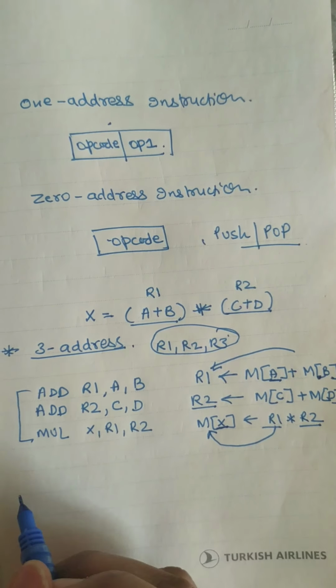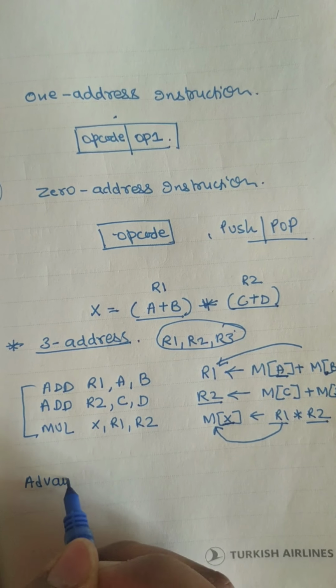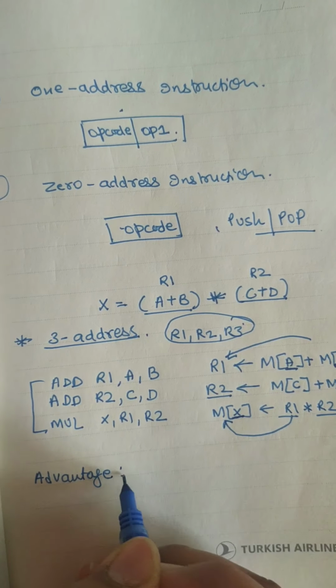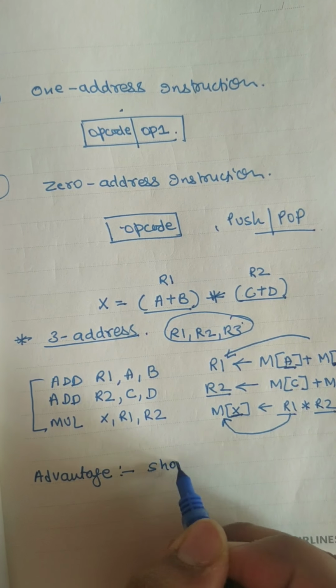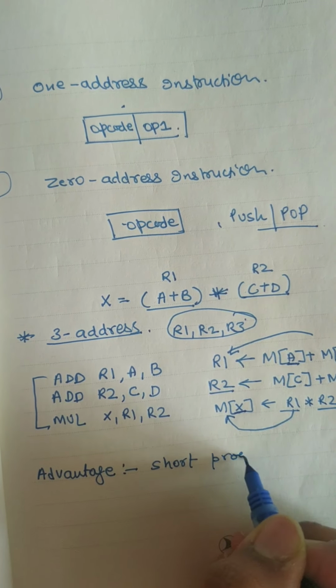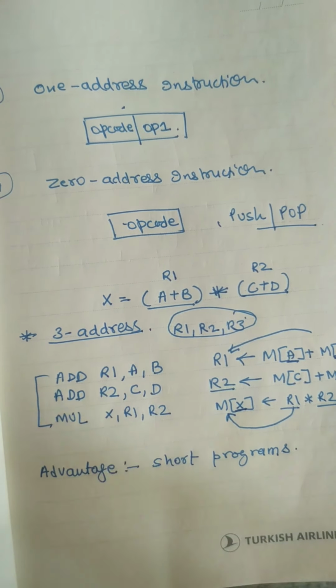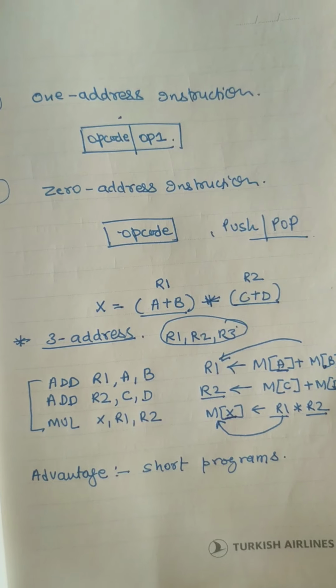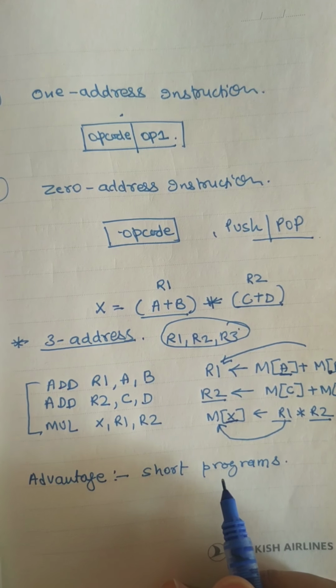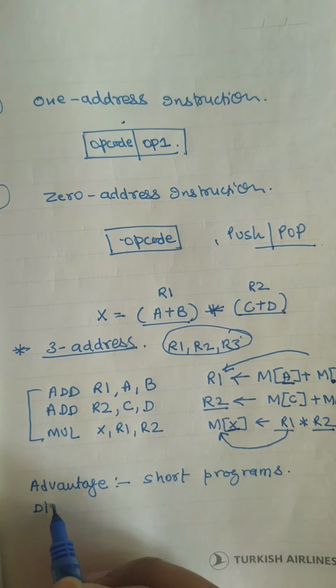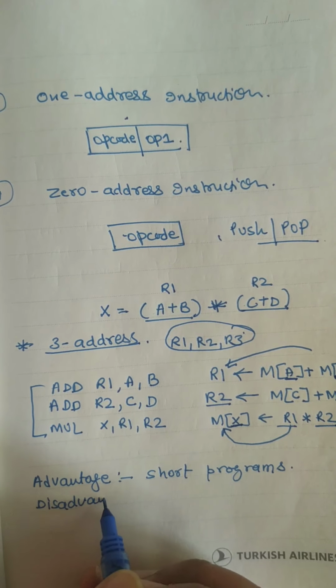Now we can say, what is the advantage of 3 address instruction? It makes the programs shorter, as we can use 3 address fields in our instruction, so it results in short programs. And what is the disadvantage of this?